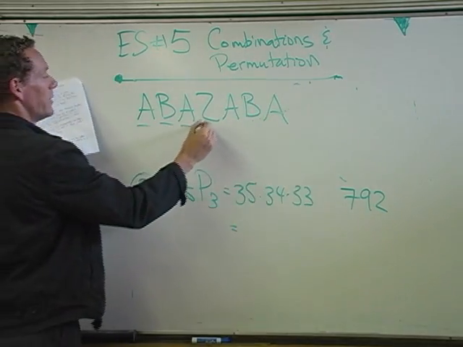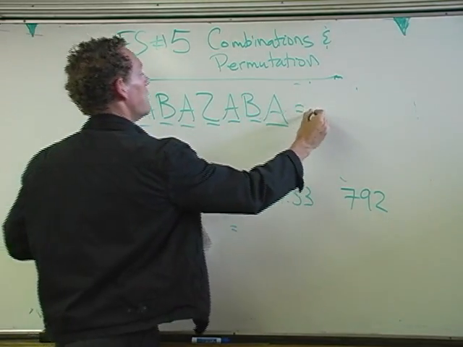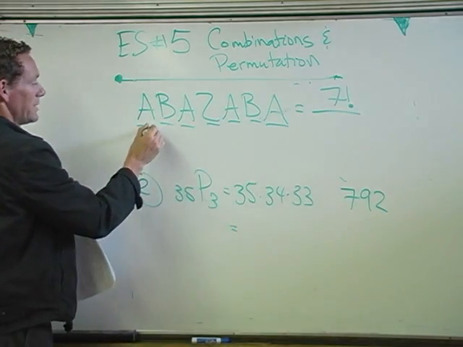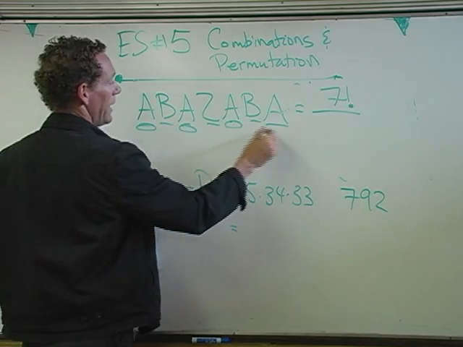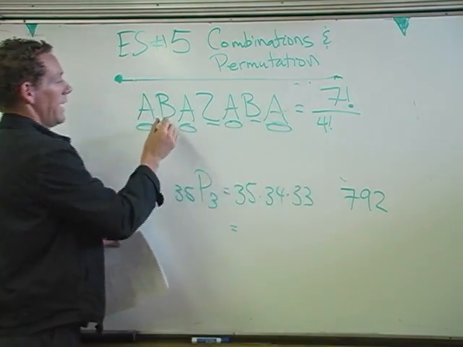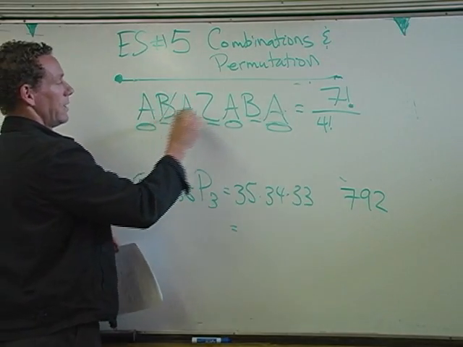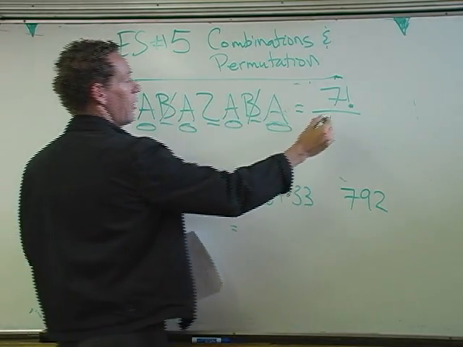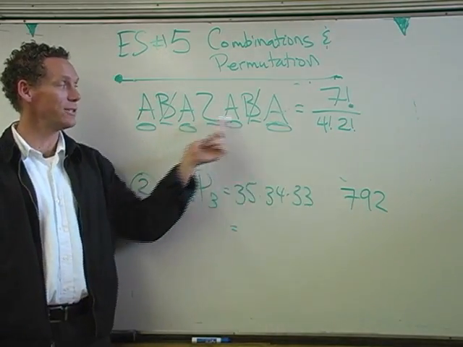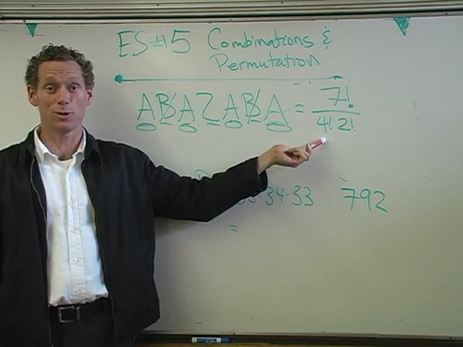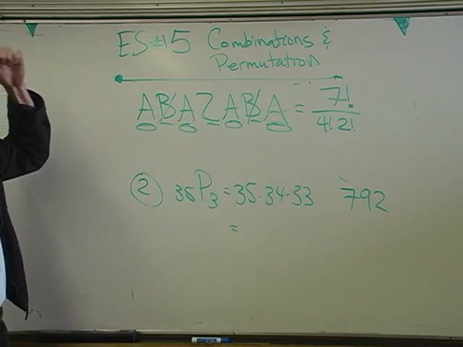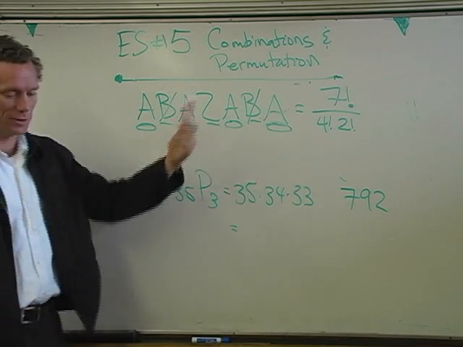We have 7 letters, so 7 factorial, and we're going to divide by the repeats. A appears 4 times, so 4 factorial, and B appears twice, so 2 factorial. The common mistake is people say there's 4 A's and 2 B's, so I'm going to divide by 6 factorial, and that's not right. The Z appears once, so you don't have to do anything about it.